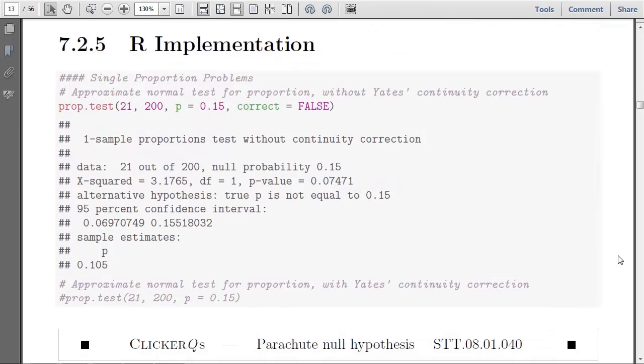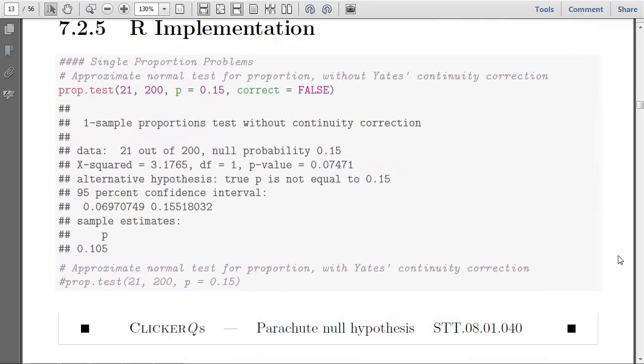All right, so let's see this in R, and believe it or not, that's the whole thing. It's so simple. There's prop.test, the proportion test, and the prop.test function gives us a normal approximation for the proportion test.